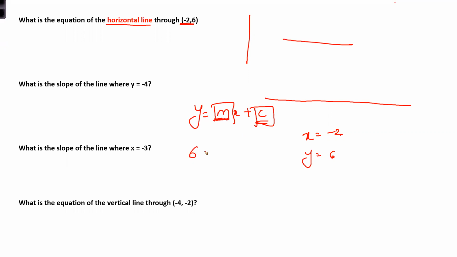So 6 equal to -2 plus c. C comes out to be 8. What is that? What's going on? What do you think?